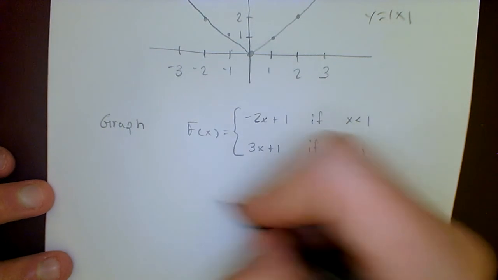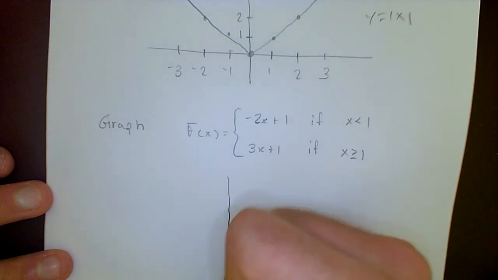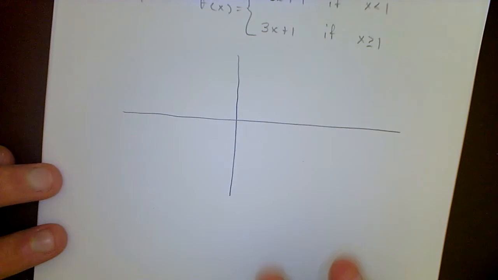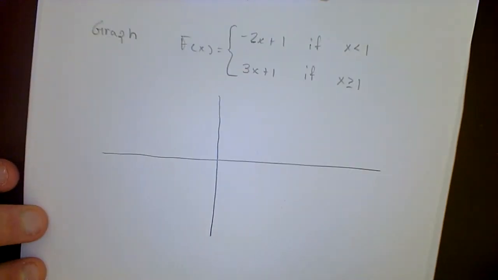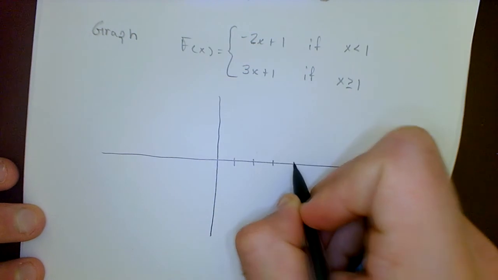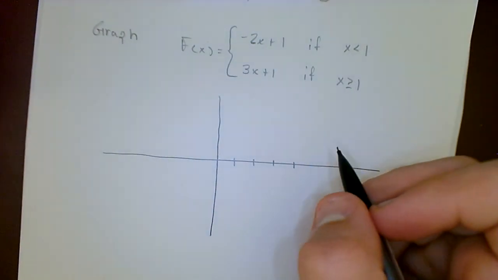So here we go. Let's get both of those in there. So I need 1, 2, 3, 4.